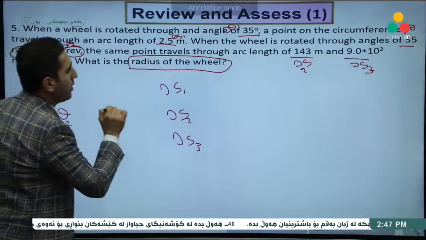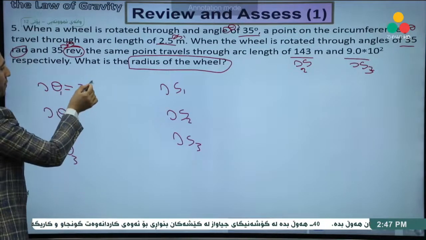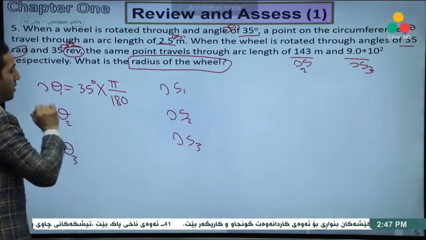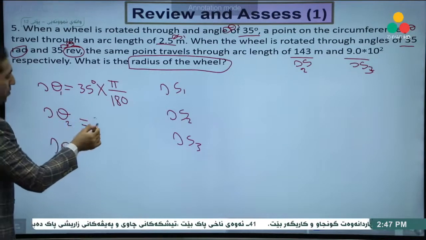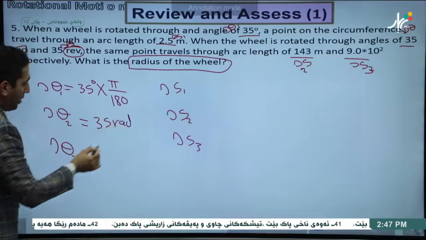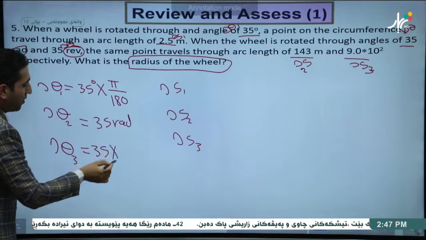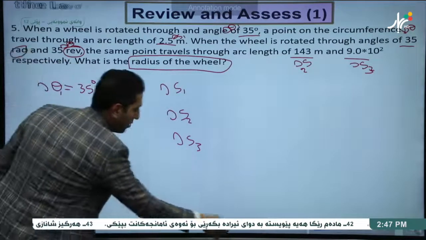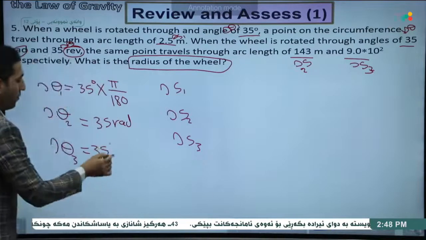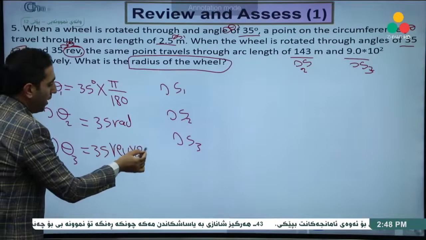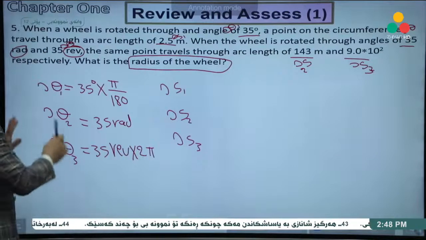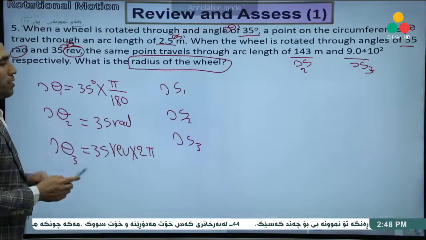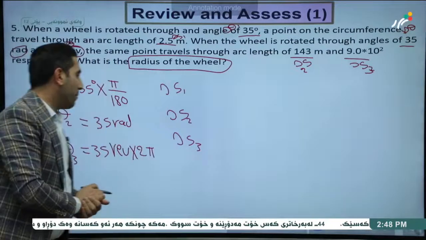Delta theta number 1 is 35 degrees times pi over 180, then 35 rad, and 35 rev times 2 pi. We must convert all of them to rad because the SI unit of angular displacement is rad.